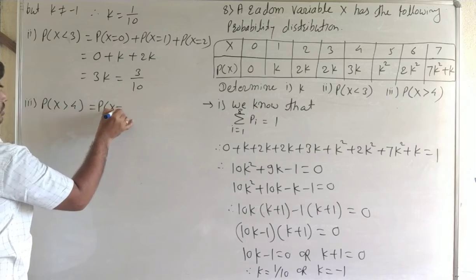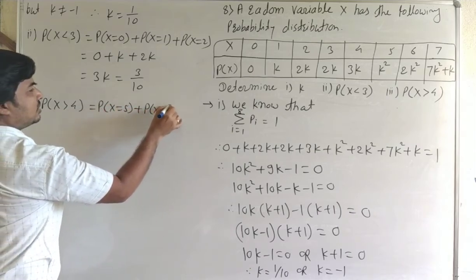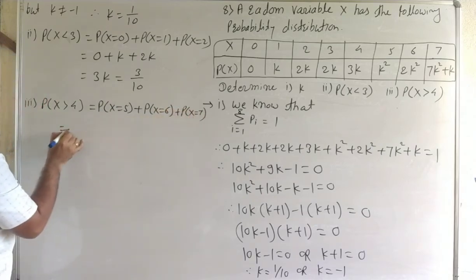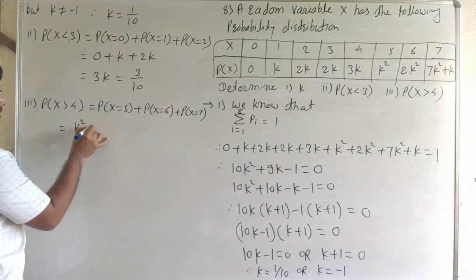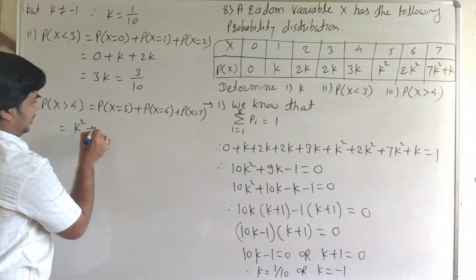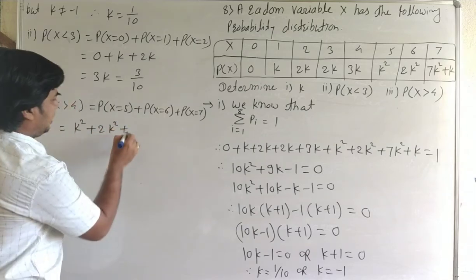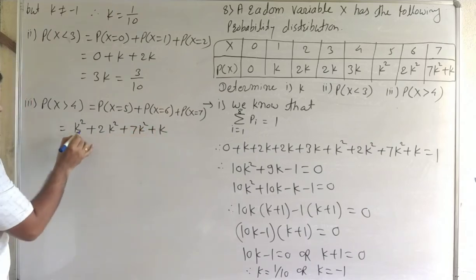Probability of x is equal to 5 plus probability of x is equal to 6 plus probability of x is equal to 7. For x is equal to 5, it is k square, plus 2k square, plus 7k square, plus k.